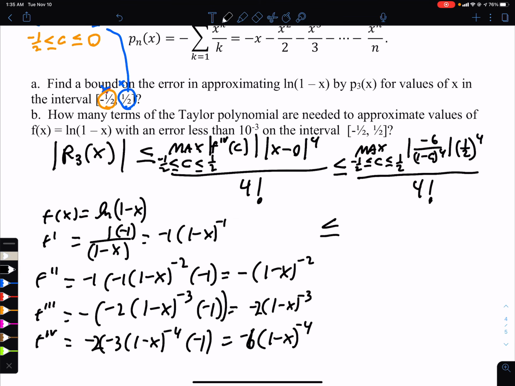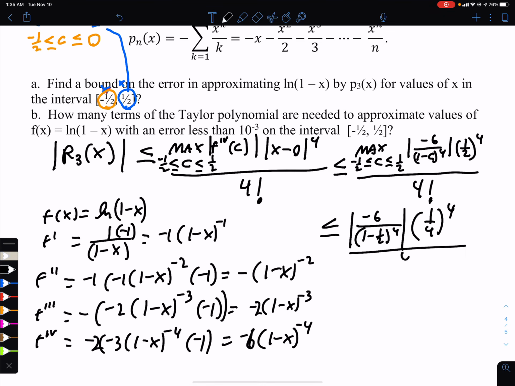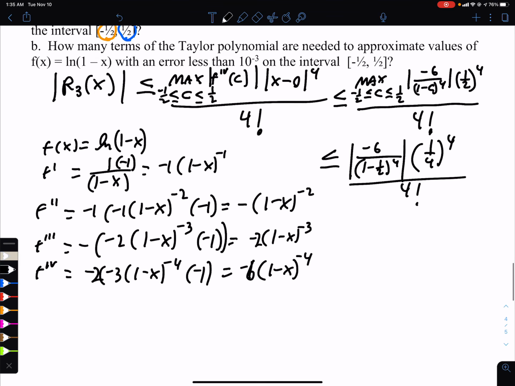So that's less than or equal to negative 6 over 1 minus 1/2 to the 4th, and another 1/2 to the 4th over 4 factorial, which equals 6 over 1/2 to the 4th times 1/2 to the 4th over 4 factorial.